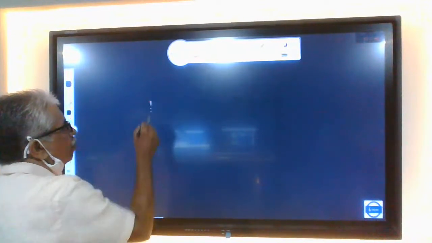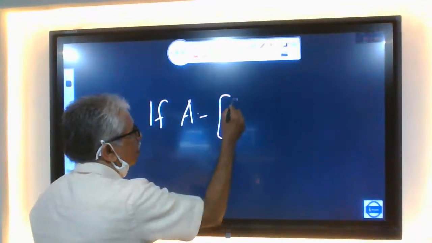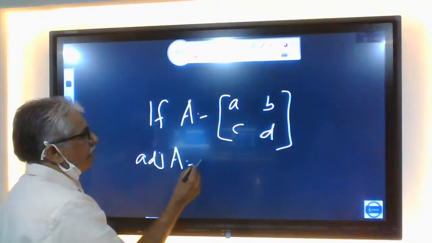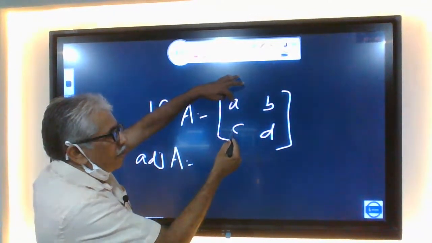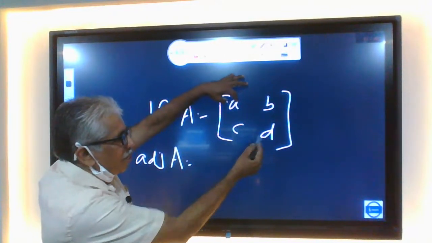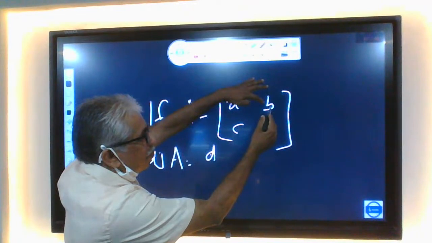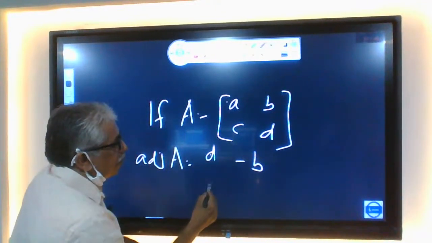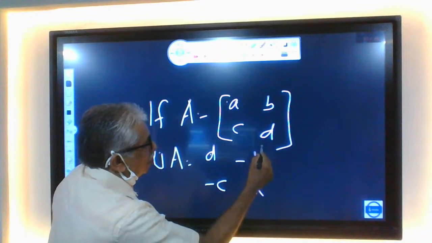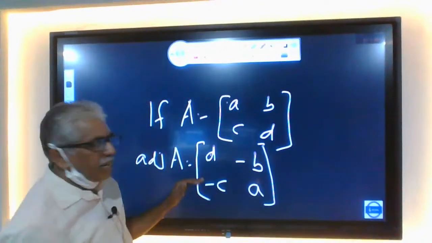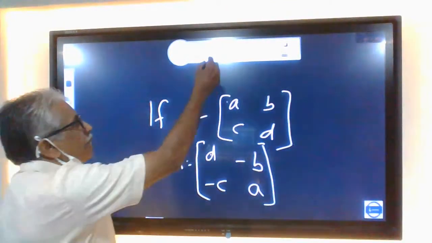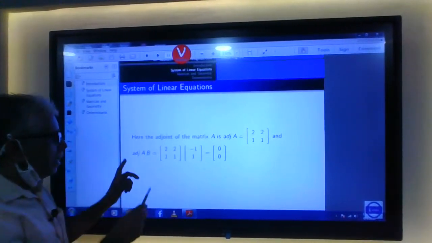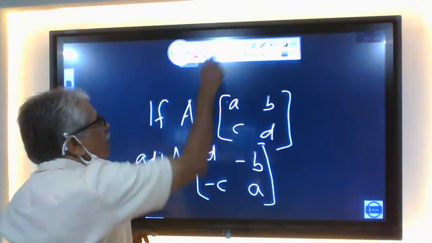If A equals [A, B; C, D], then adjoint A equals: the cofactor of A is D, and the cofactor of B is minus B, then minus C and A. In that way you find the adjoint of this matrix A, and you get 2, 2, 1, 1.